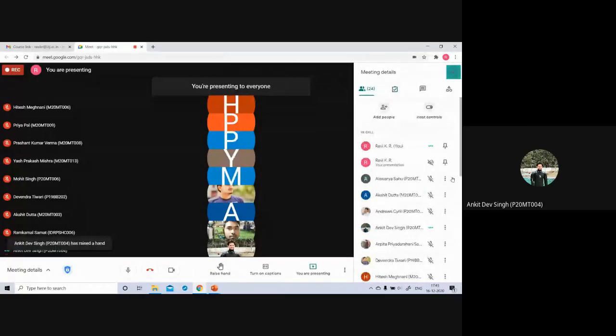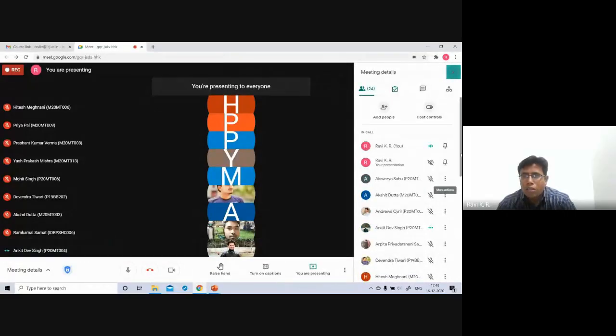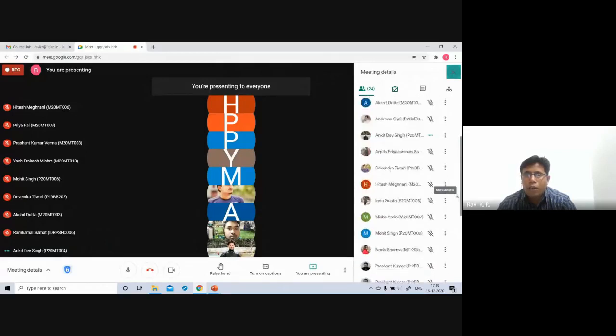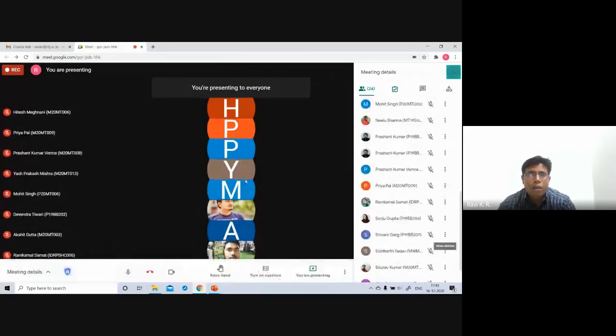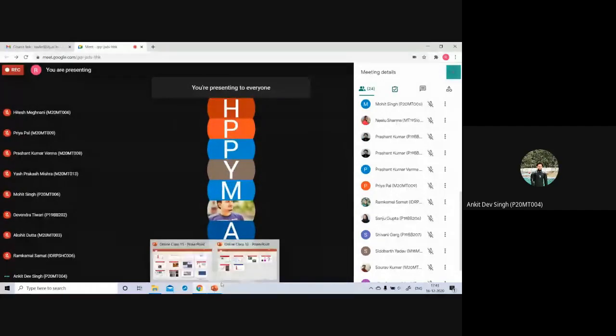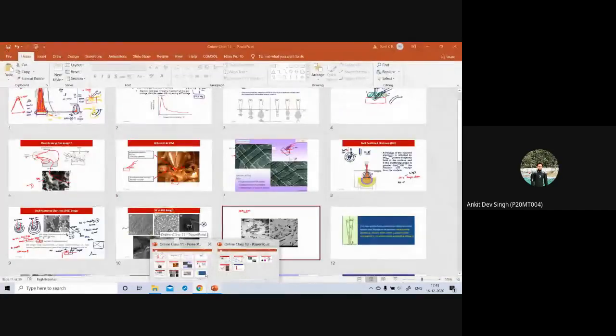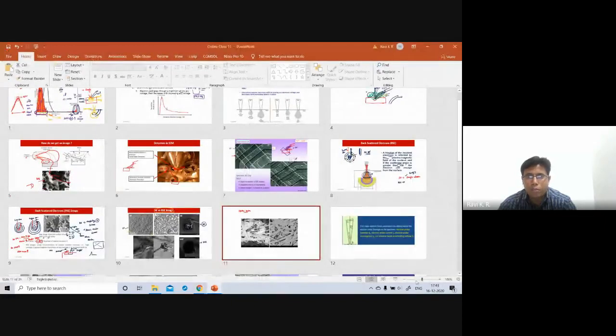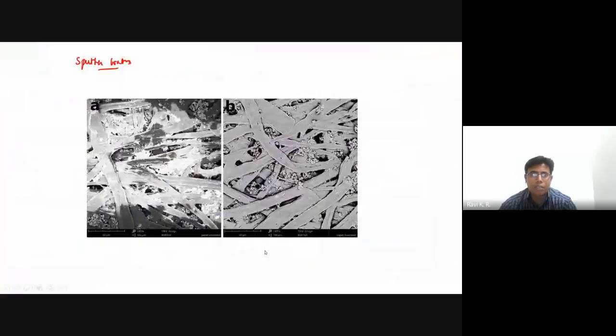Yes, sir. Okay. So do you know why we need to use a sputter coating? We have to make the sample conductive to get the image. That's the idea. Okay. Why do we need to make the sample conductive? If it is not conductive, what is going to happen?